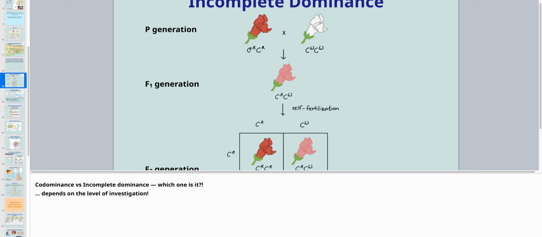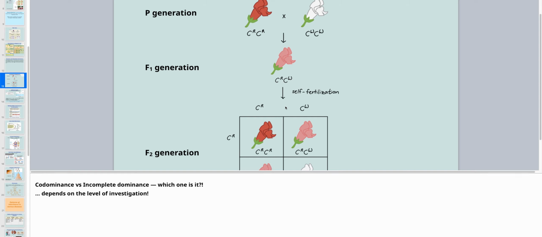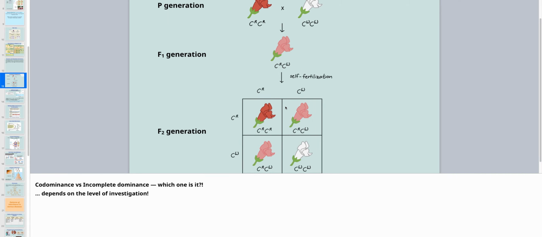So we use the C to denote that this is a case of incomplete dominance. This is similar to the use of IA, IB, and small i in ABO blood typing genetics.